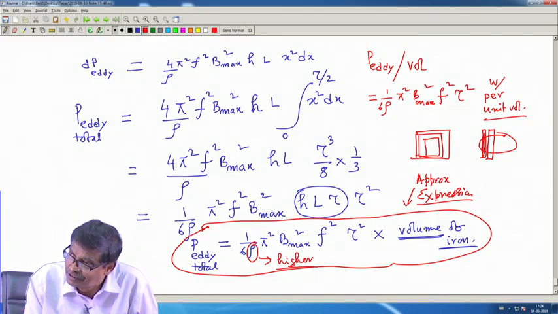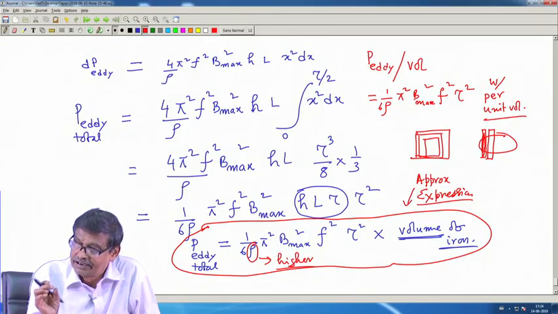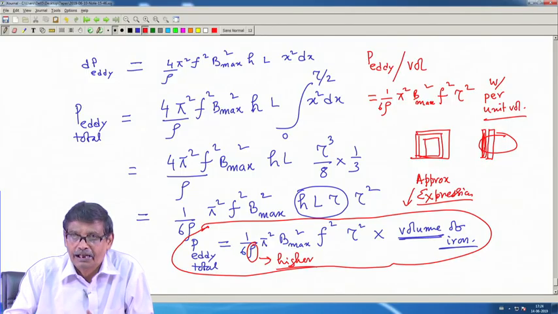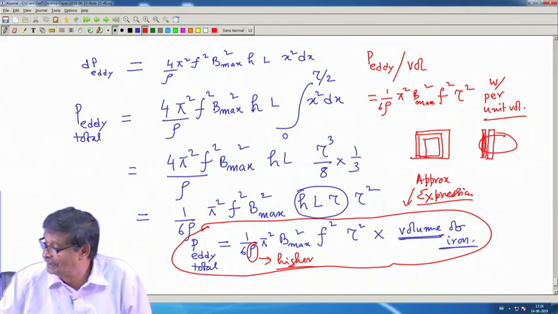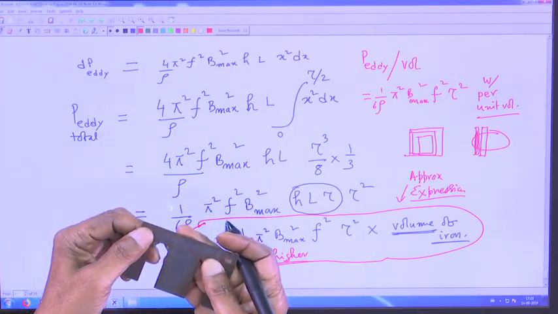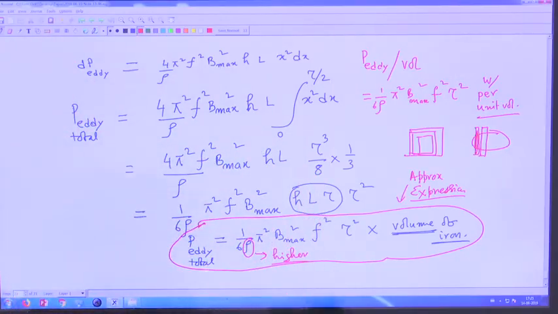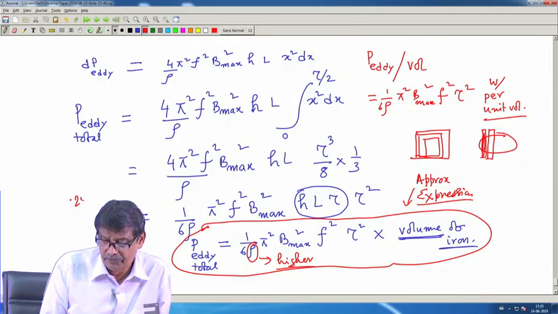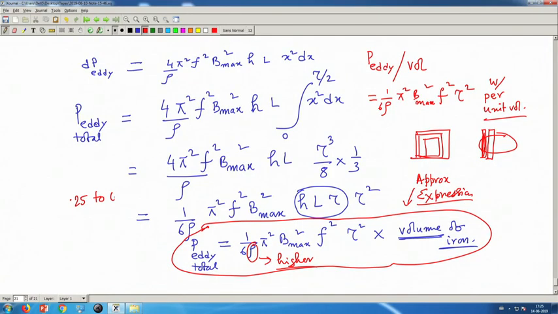Use small tau, that is one factor, the thickness of the plate should be tau. It cannot be too small, otherwise those thin plates you cannot make smaller and smaller, they will become brittle, you know. So, the order of the thickness used is maybe 0.25 to 0.5 millimeter for a 50 hertz transformer, order of tau.